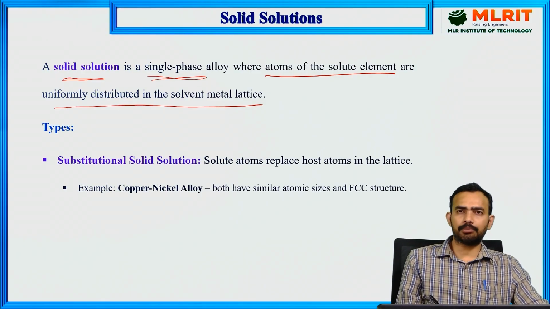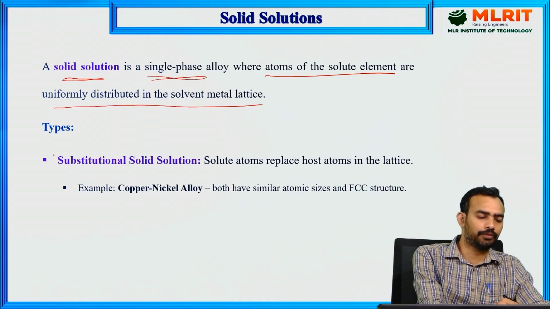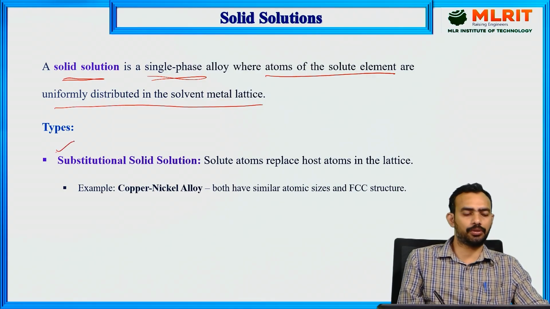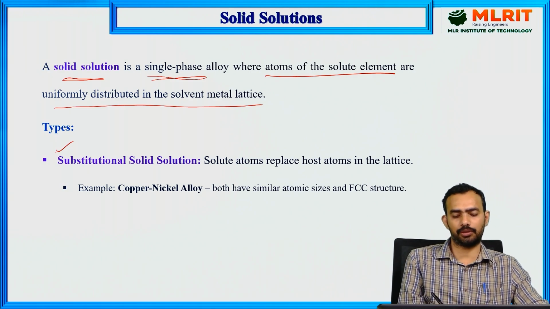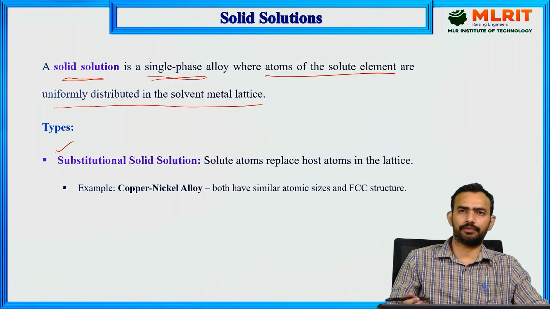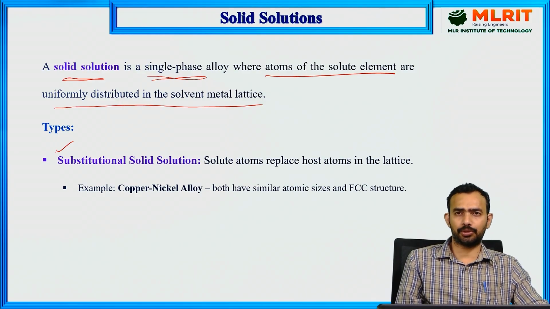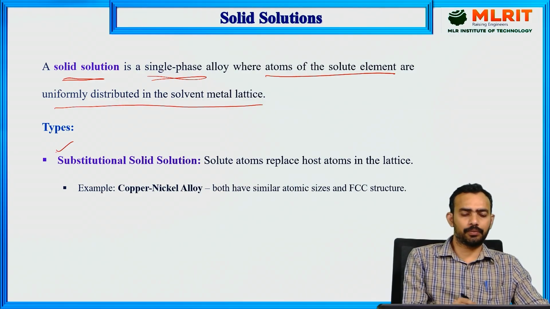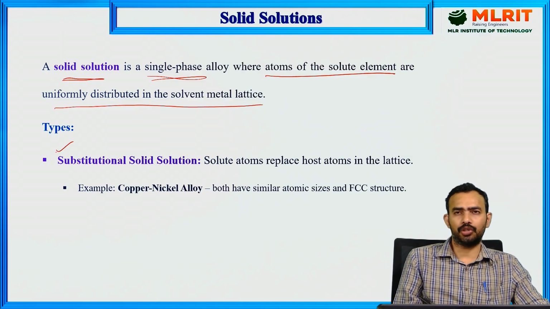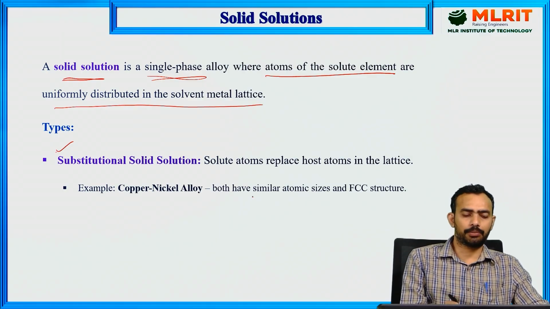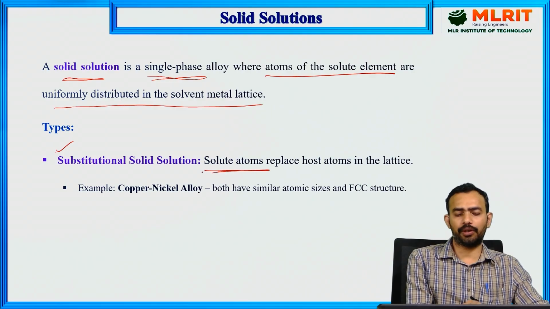So what are the types of solid solutions? If you recall, we have seen substitutional solid solutions as well as interstitial solid solutions. What are substitutional solid solutions? In defects in solids, we have seen the substitutional impurity. Substitutional impurities cause, in short, a substitutional solid solution. What happens here?